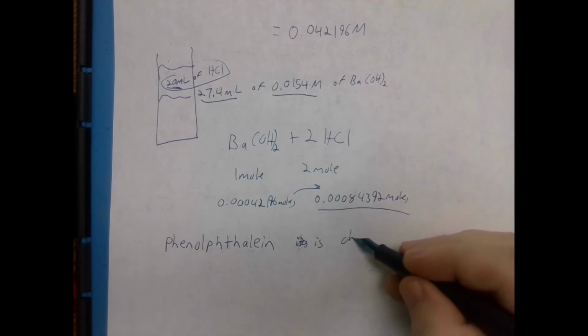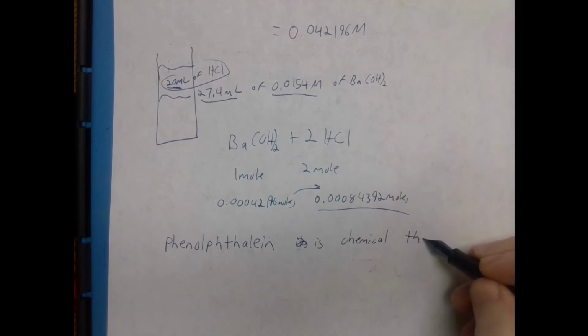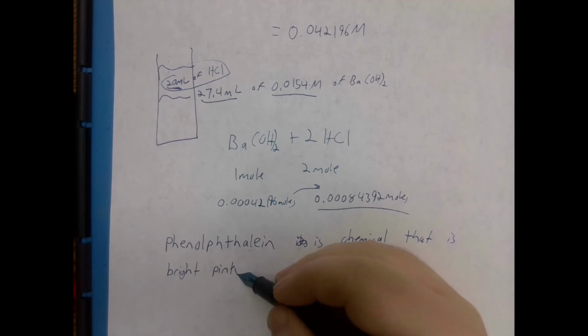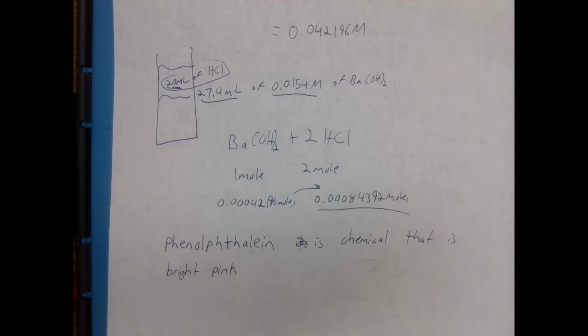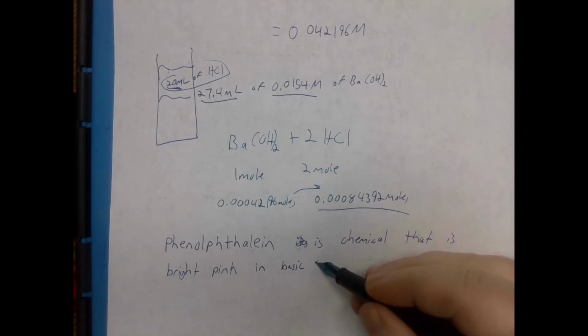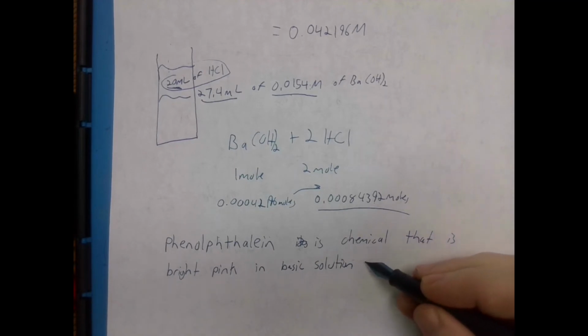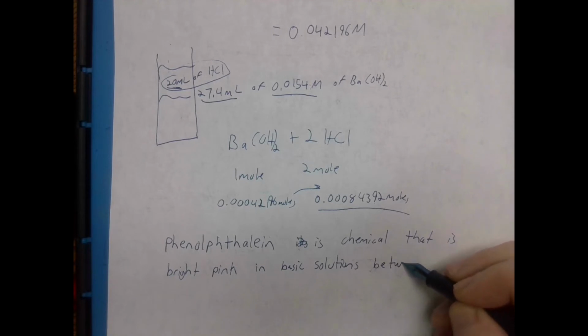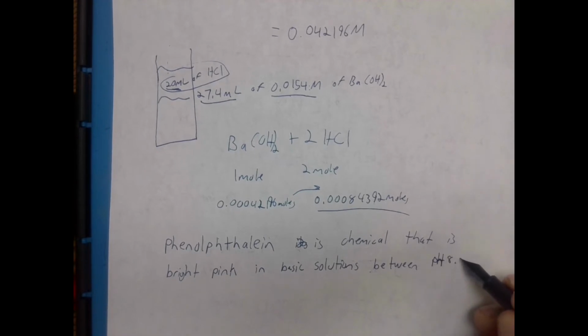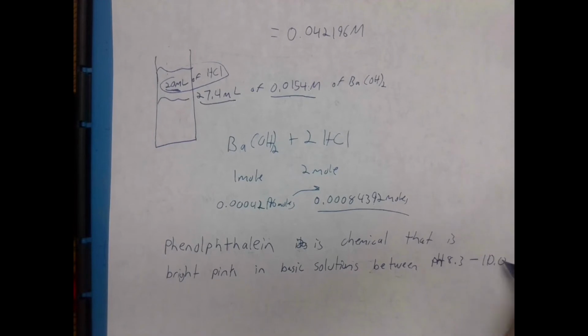Phenolphthalein is a chemical that is bright pink in basic solutions, between pH 8.3 to 10.0.